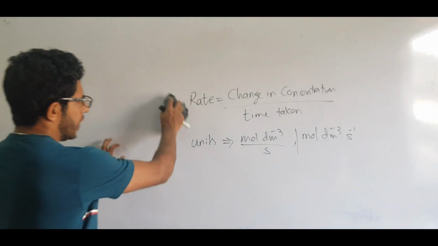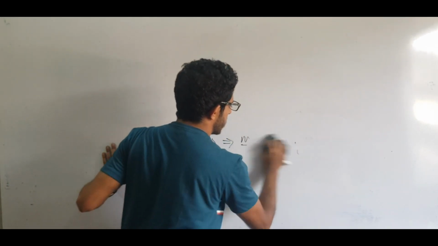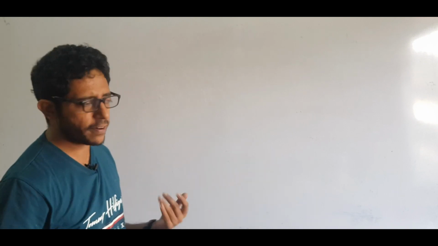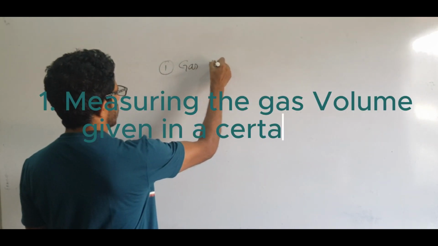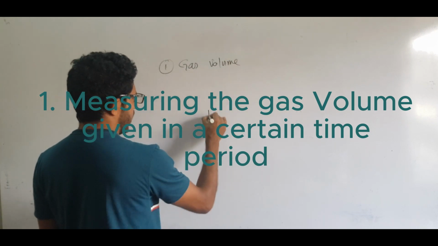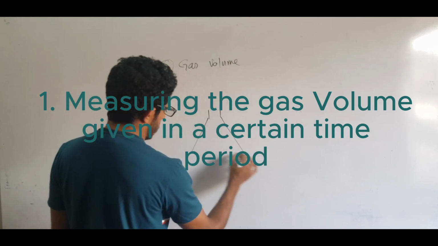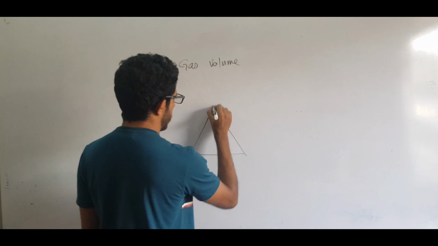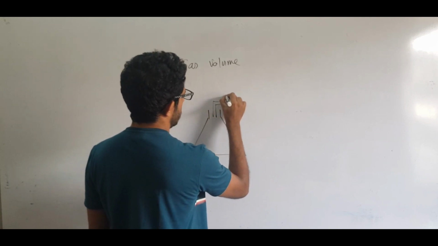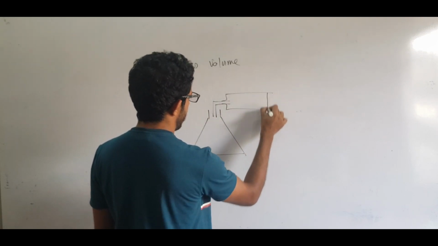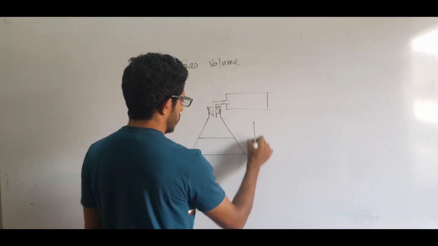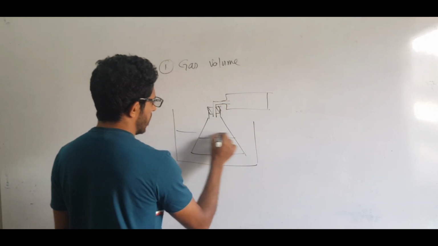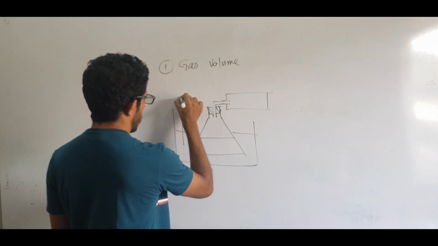Let us say the reaction produces a gas. There are different methods. We can measure the gas volume. Commonly they have asked about this, we can use this kind of apparatus setup to measure the gas. Normally we keep it in a water bath to keep the same temperature.